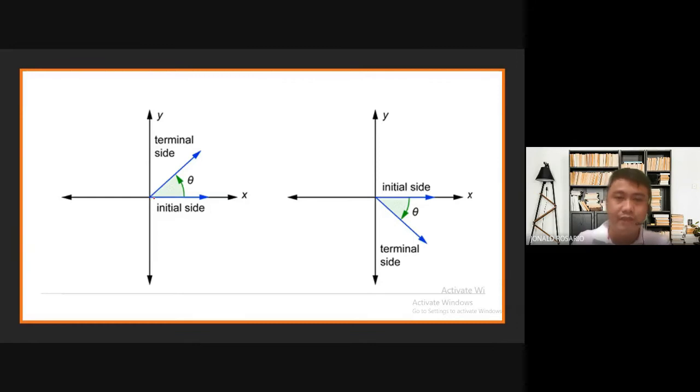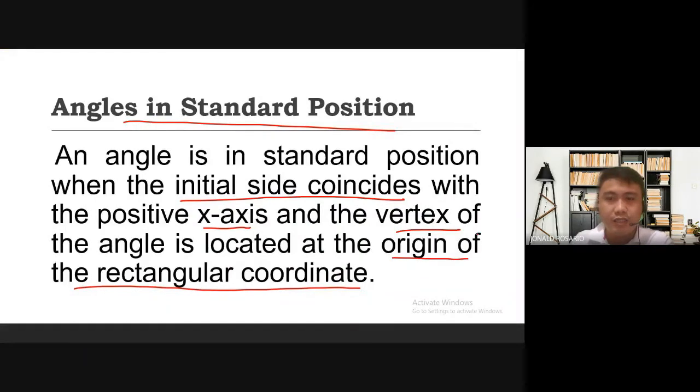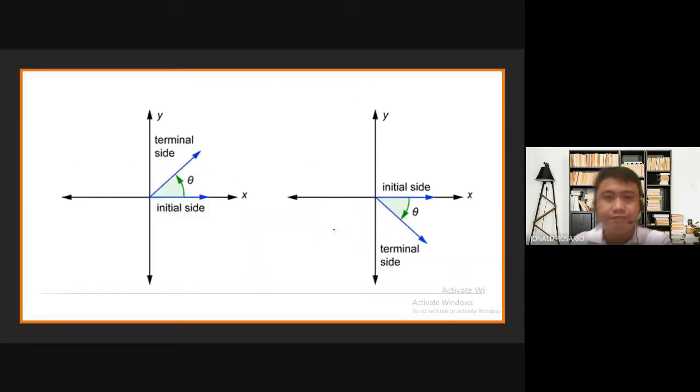Yung sinabi dun sa definition. Kaya meron tayong angle in standard position. So, additional lang naman itong yung ating angle, ang kanyang vertex ay nakalagay sa origin ng isang rectangular coordinate, additional definition. Aside from all the initial sides coincide on the positive x-axis.